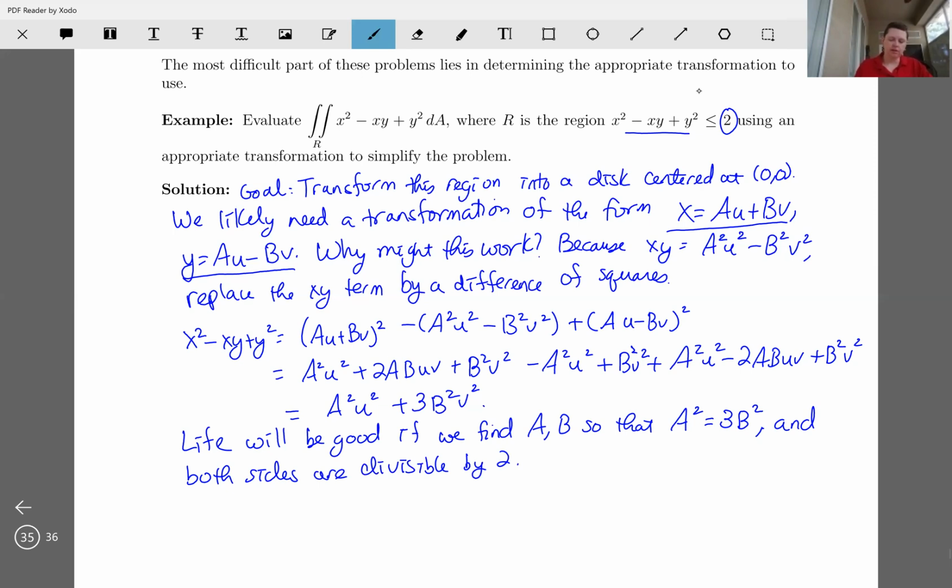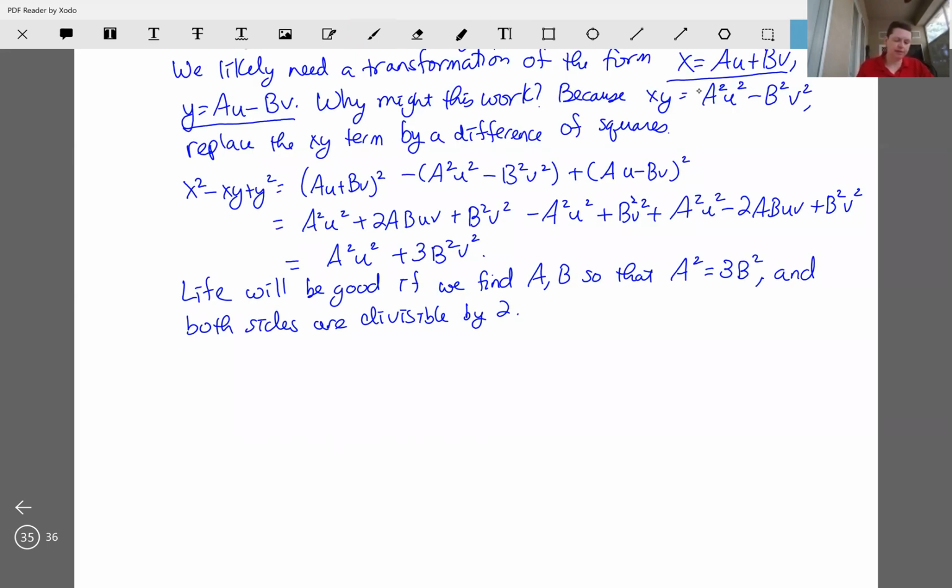All right, so what does that mean? That means that we need to choose a and b so that a is equal to the square root of 3 times b, and that they're both divisible by 2.